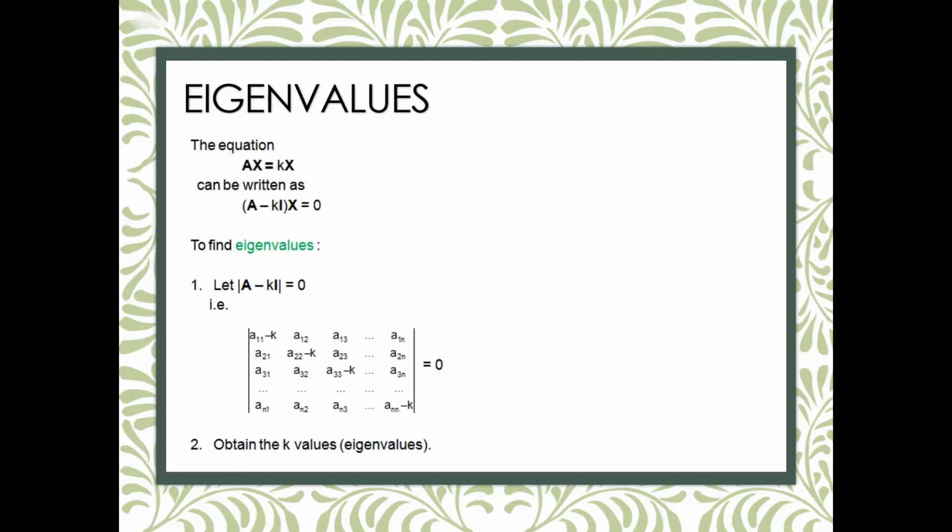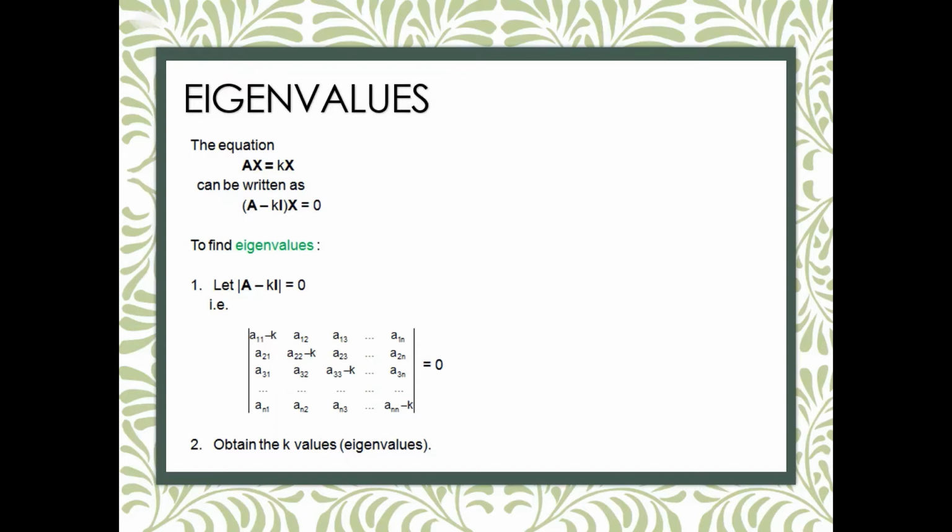The equation Ax = kx can be written as Ax - kx = 0. Factorizing the x, it becomes (A - kI)x = 0, in which I here refers to the identity matrix.